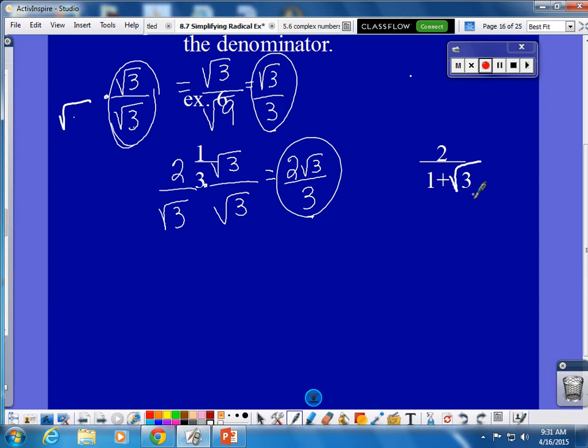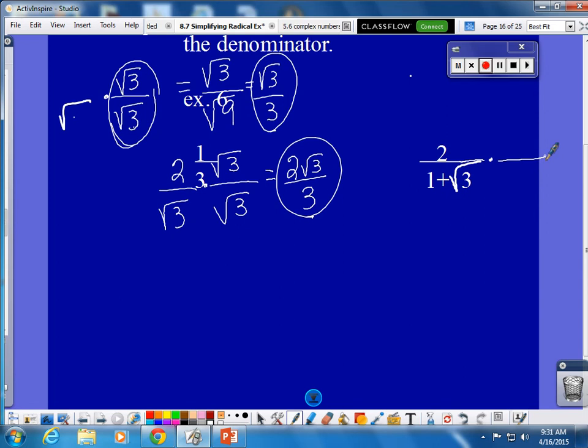Okay. Now here's the trick to that. If I want to fix a binomial, the right word is rationalize. If I want to rationalize the denominator that has a binomial, the way to get rid of the radical symbol is to multiply that binomial by its conjugate. What does that mean? I don't know.